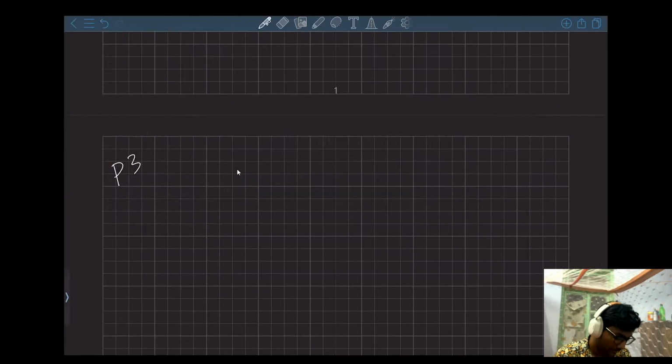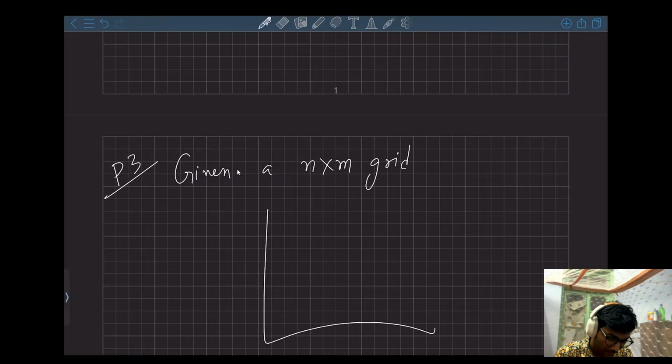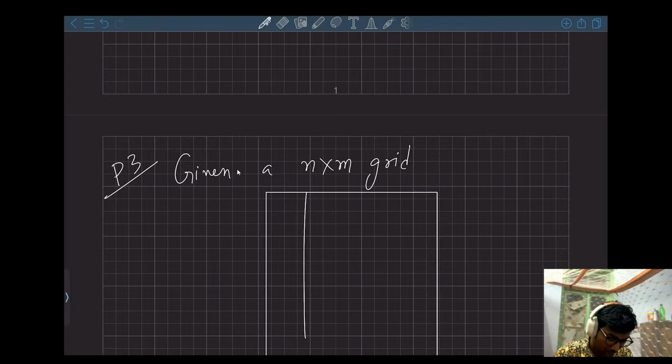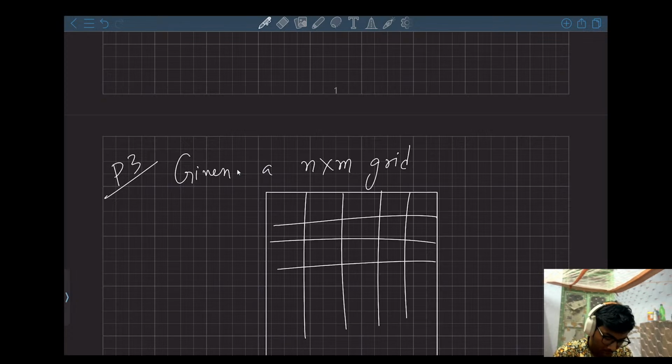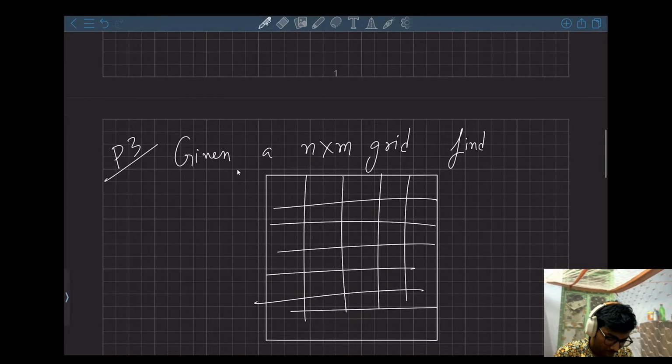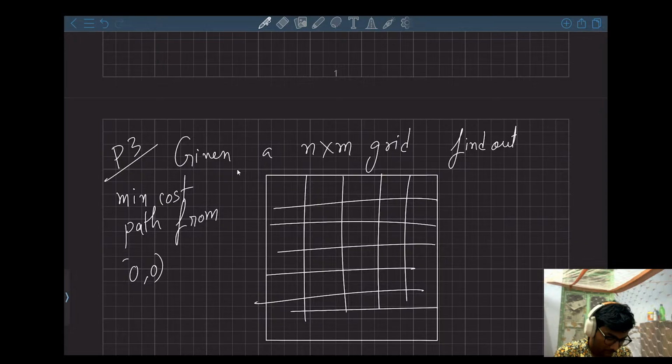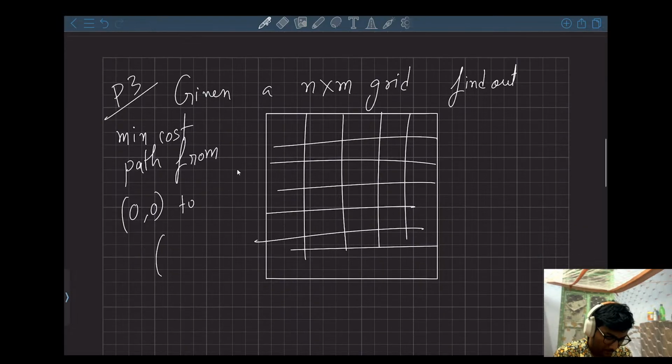So problem 3 says, given an n cross n grid containing some values, find out the minimum cost path from 0, 0 to n minus 1, n minus 1.